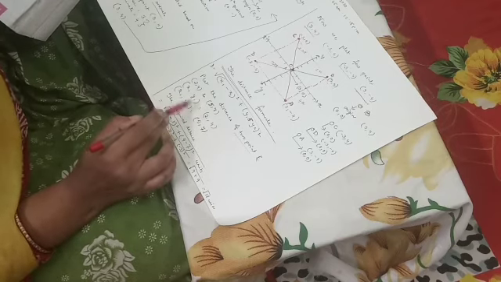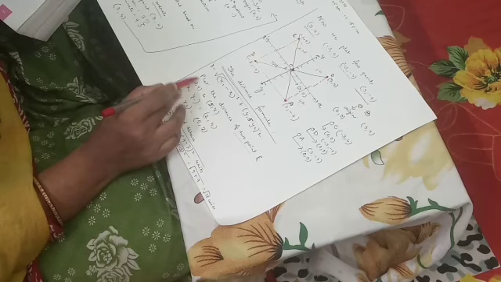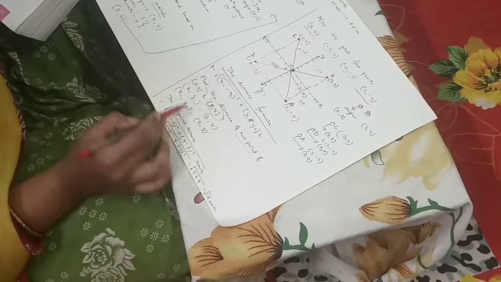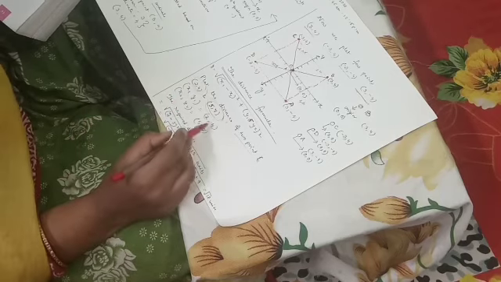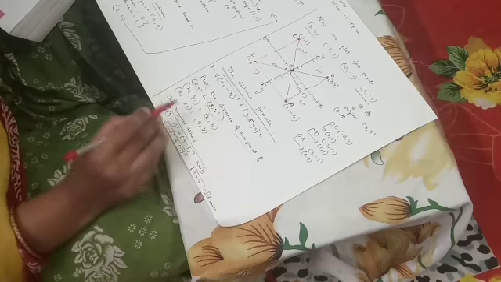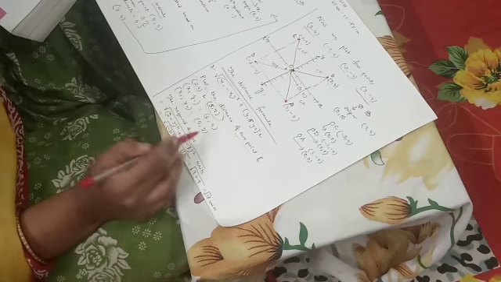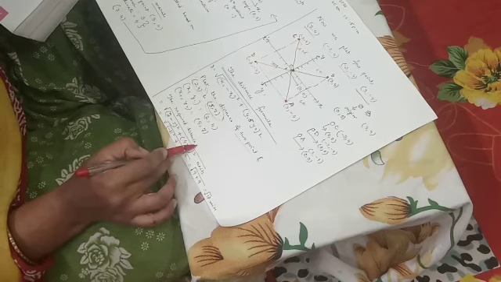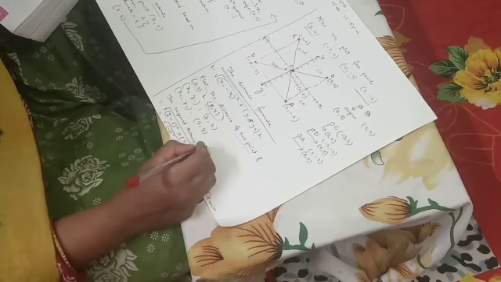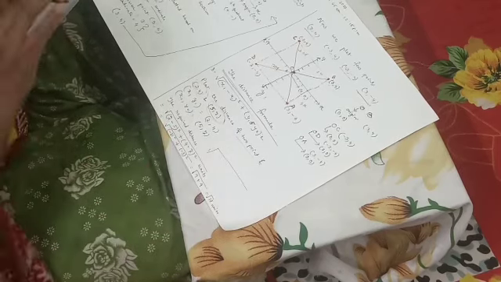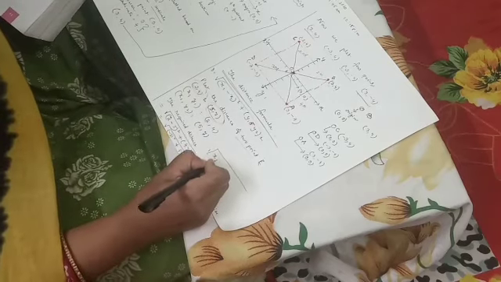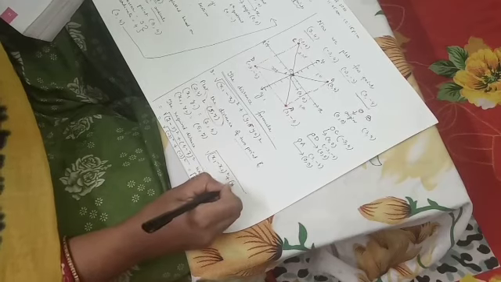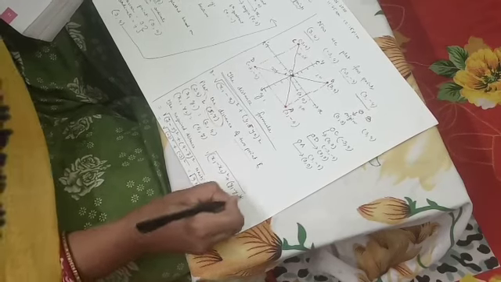Now one you will take as x1, y1, the other you will take as x2, y2. x1, y1 is equal to 2, 4. x2, y2 is equal to 5, 7. अब required distance क्या होगा? क्या है formula? Follow: the required distance formula is root of (x1 minus x2) whole square plus (y1 minus y2) whole square.